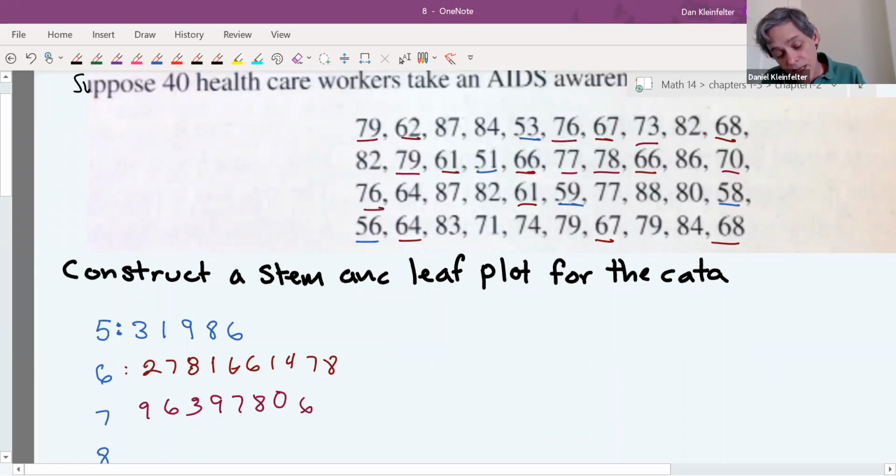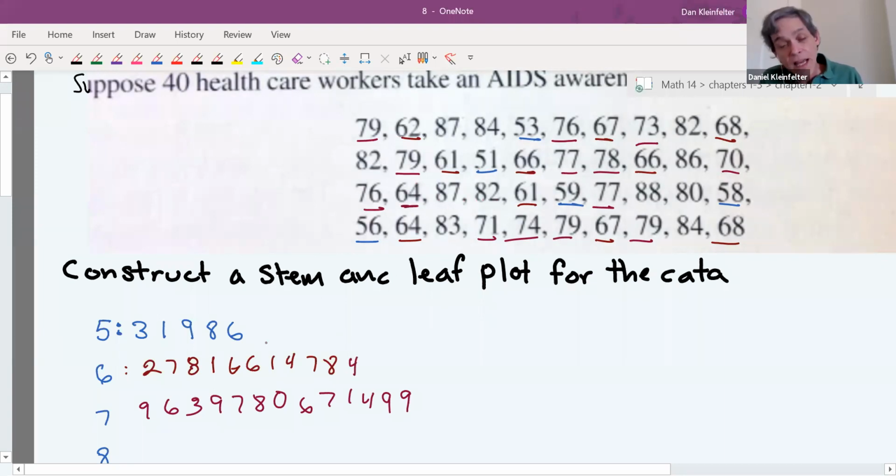I can see that I've missed a 64. I'll have to go back and put that in. 76, 77, and that's all for the third row. And then for the last row, I can see there's a 71 and a 74, a 79, and another 79. Okay, let me go back through and put in the 64 that I'd forgotten before.